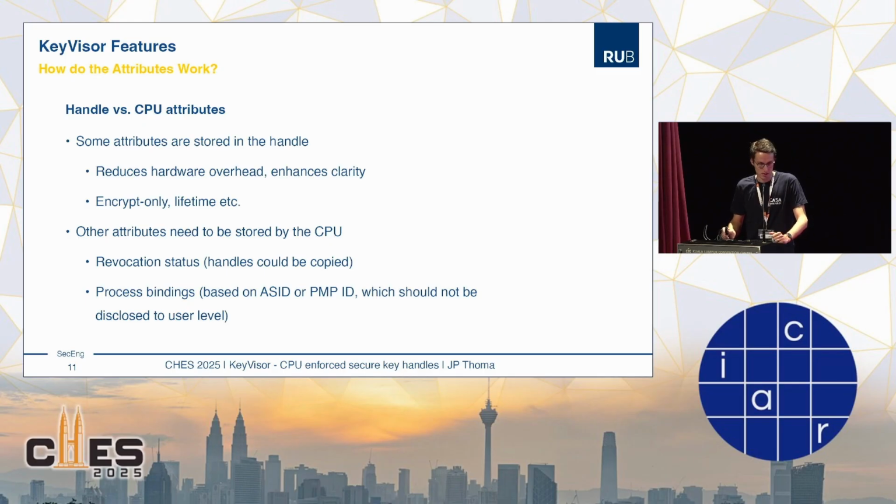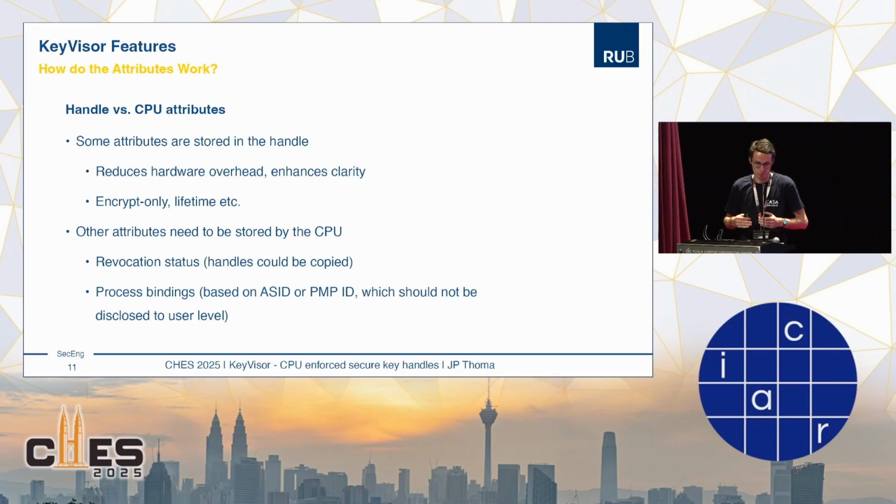And for process bindings, it's a similar discussion. Here we use in our implementation the ASID, which is the application or address space identifier, or the physical memory protection ID. And of course, we don't want these data to be part of the handle because we don't want it to be leaked to user space.